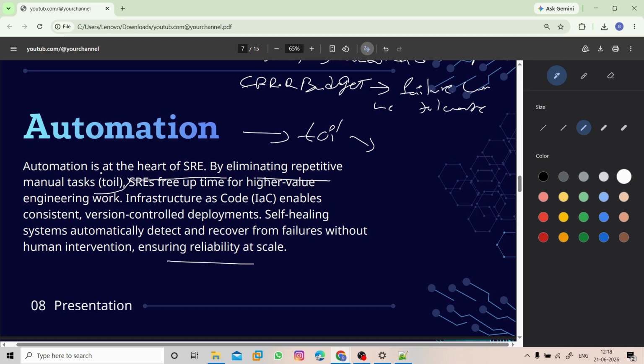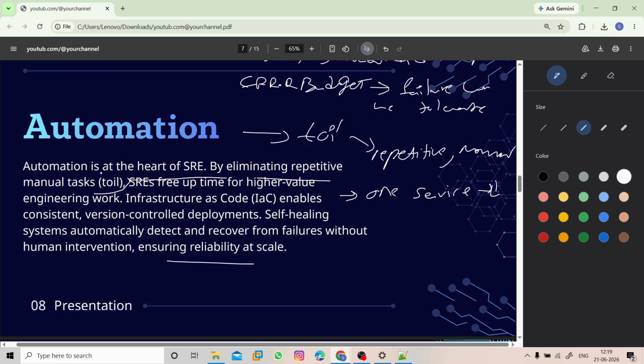It's not automatable work. It is repetitive and manual. For example, restarting services manually. Suppose one service is down.